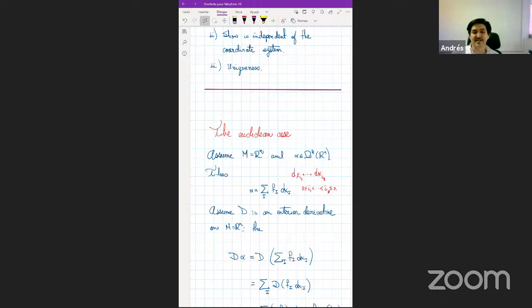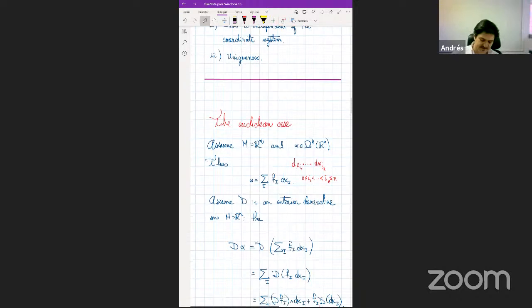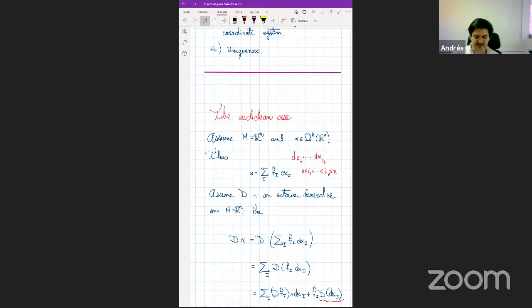Now, because d is an exterior derivative, we use the product rule, and I get this. Here is a plus, right? Because it should be (-1) to the degree of a function, but the degree of a function is 0. That's why we only get a plus.